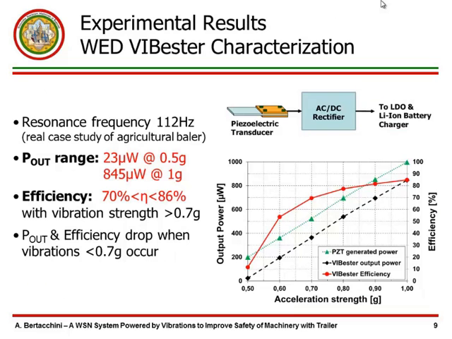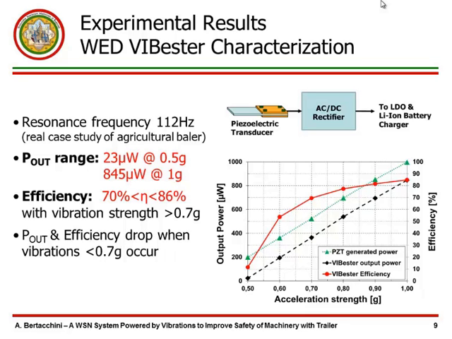This slide shows experimental results about the characterization of the vibrational energy harvester implemented. The transducer is a commercial piezoelectric transducer, and it has been tuned to obtain a resonance frequency of 112 Hz, which is the one measured on a real case study of an A-Baler.